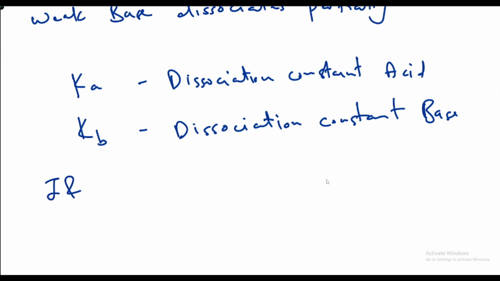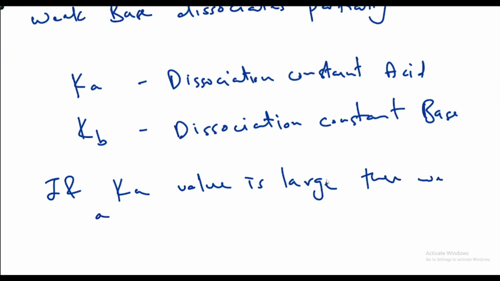If our Ka value is large, then we are looking at a strong acid. So obviously then, if it is a small value, then we're looking at a weak acid.